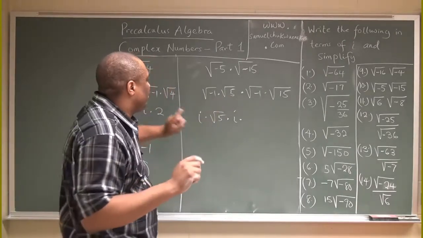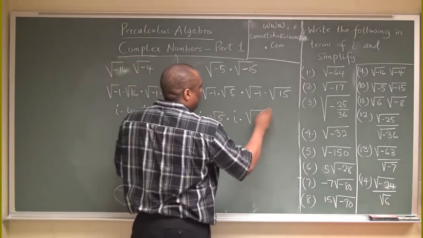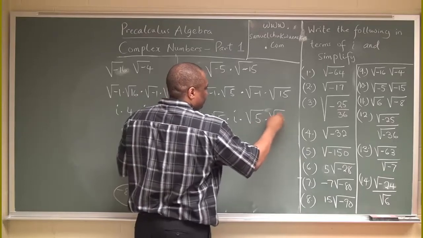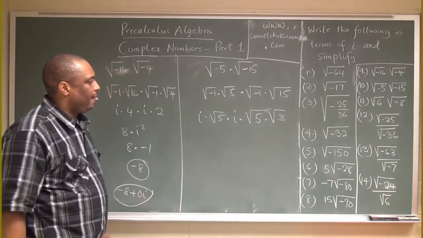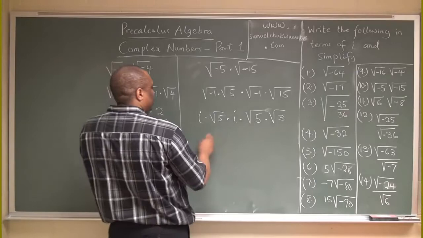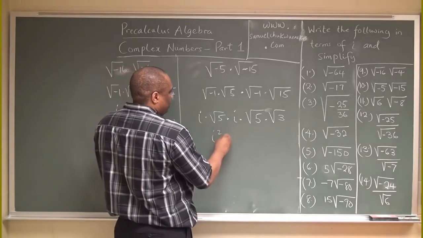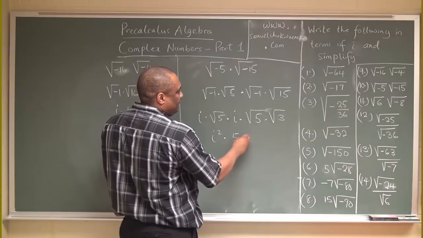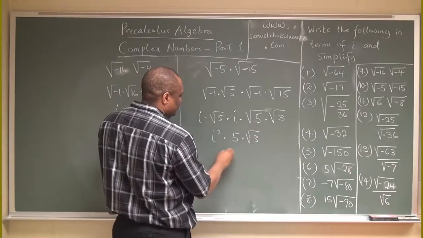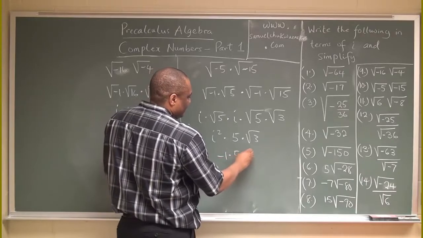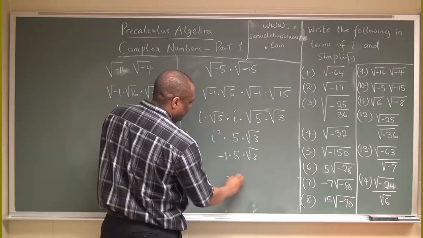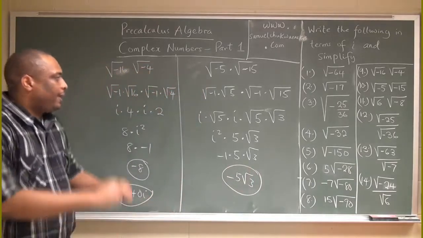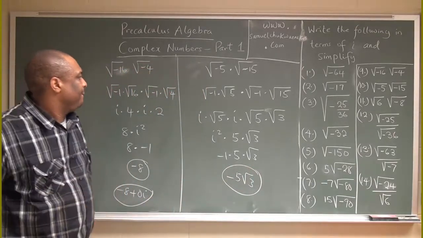When you break it down, you have square root of 5 times square root of 3. And this will now be i squared times 5, because square root of 5 times square root of 5 is 5, times square root of 3. So this is negative 1 times 5 times square root of 3, which is negative 5 square root of 3.